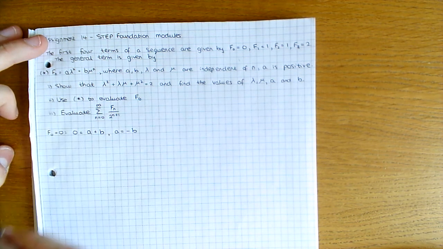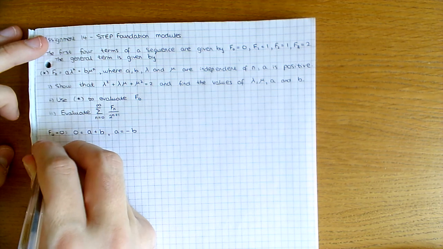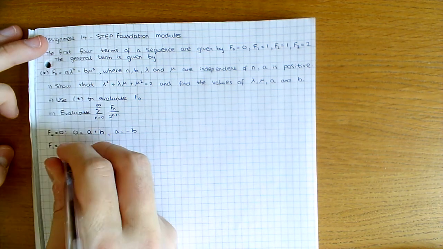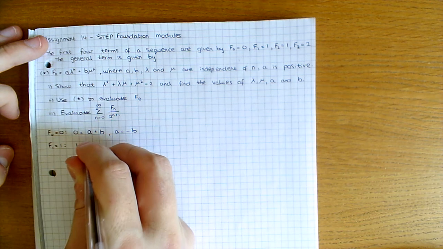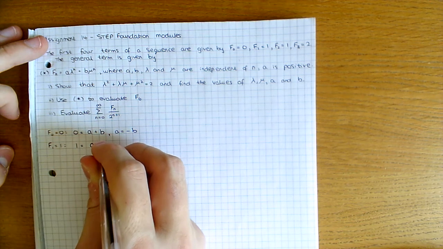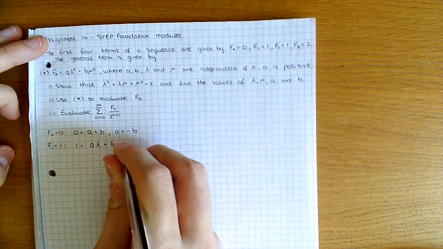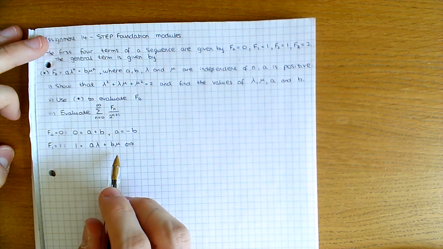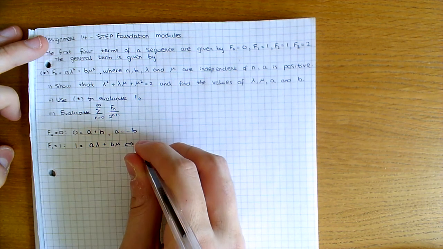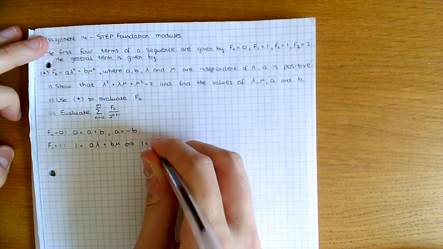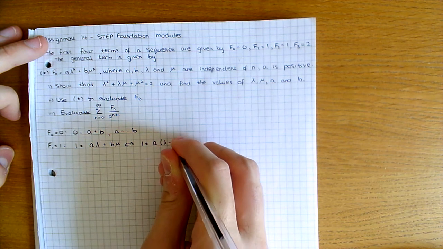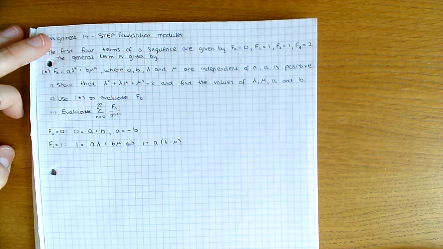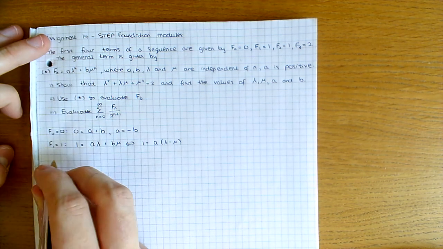Let's now substitute in the other conditions. So f1 equals 1 tells us that 1 equals a times lambda plus b times mu. But since b equals minus a, you can write this as 1 equals a times (lambda minus mu), simply using the condition that we found from the first equation.